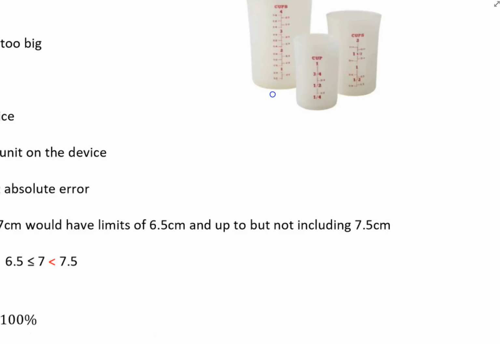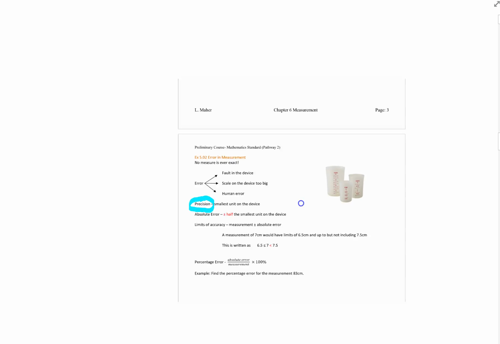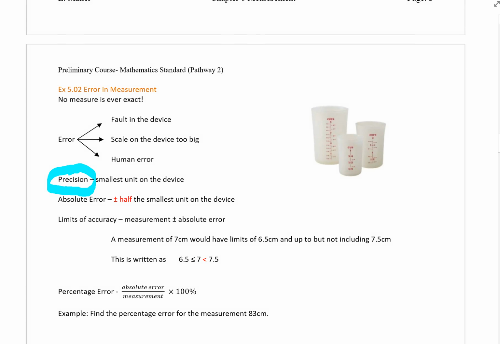Obviously on this smallest measuring cup, it's going in increments of a quarter, so a quarter, a half, 3/4, and then 1, and maybe the next one is similar, and I can't really tell from the big cup, but you know that it's possible to have different units, even on your ruler.